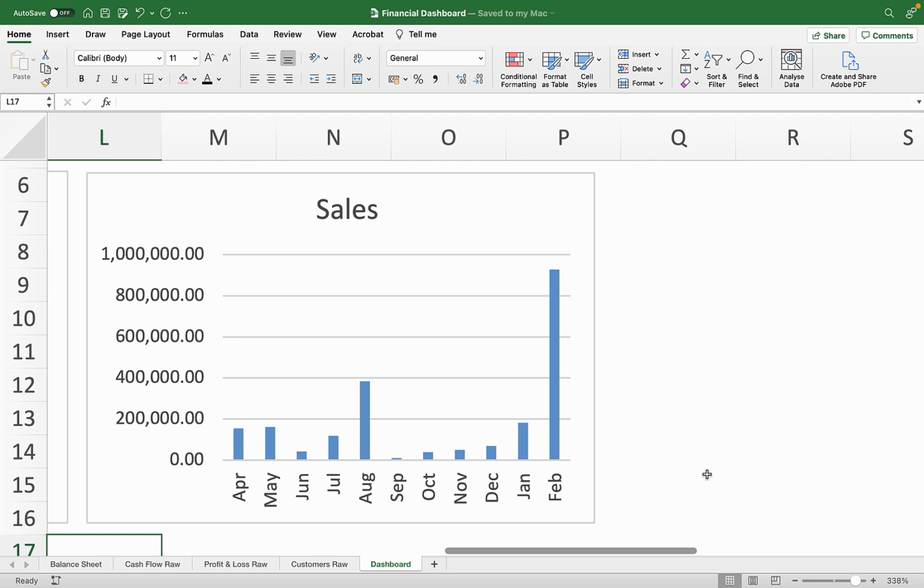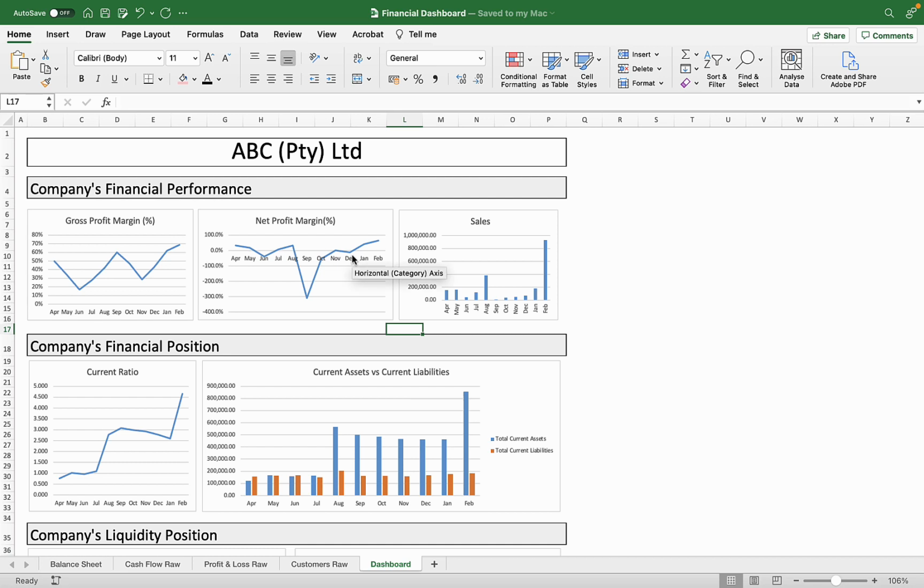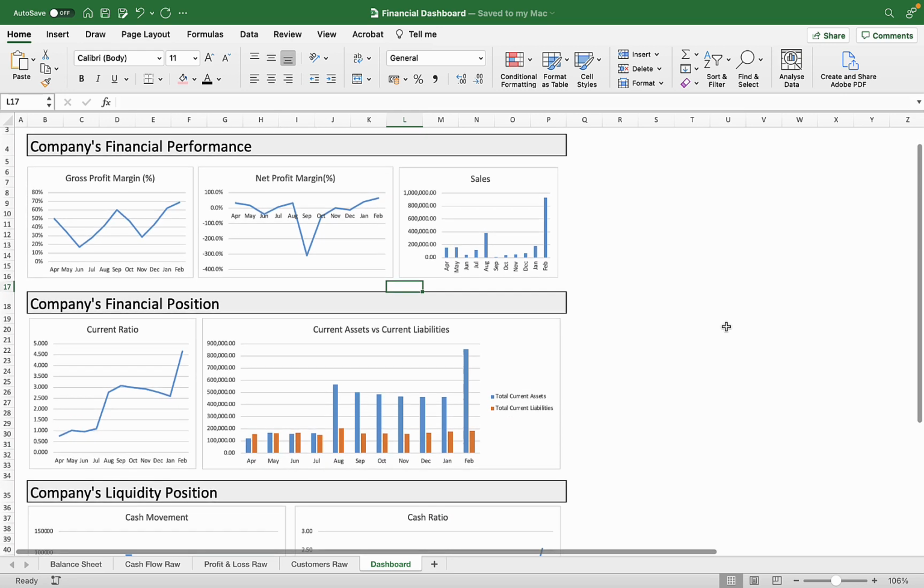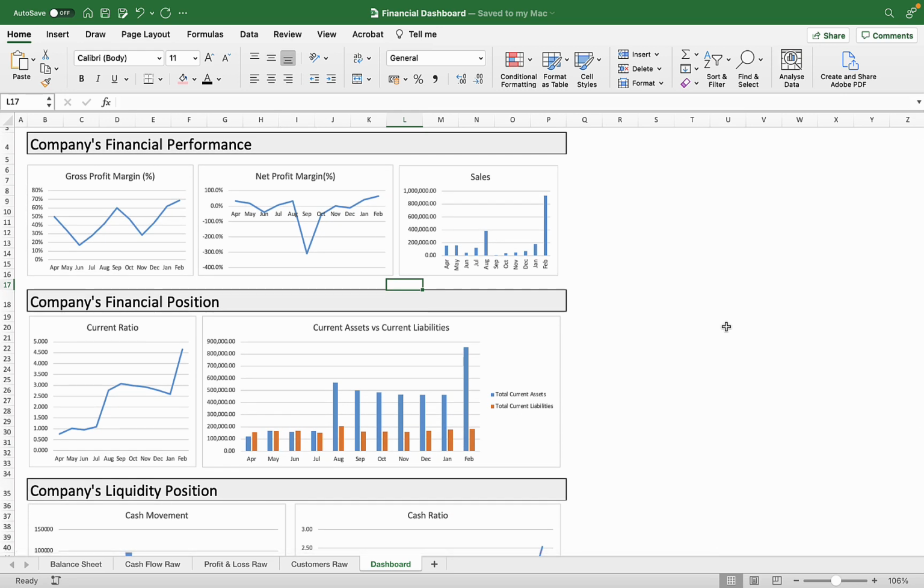And as we've always said, a picture paints 1,000 words. So we're taking the numbers and showing them in picture format, rather than somebody having to scroll through all the numbers and try and understand it. This is where you can see it and you can understand what's happening in your business in one snapshot.